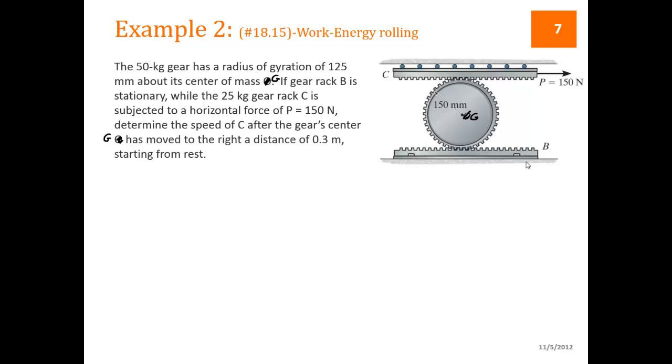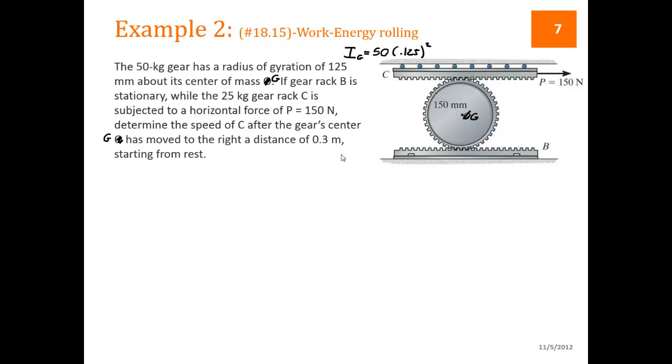So we have a 50 kilogram gear with its radius of gyration, so we can find its moment of inertia around its center of mass. That's Ig equal to mass 50 times radius of gyration squared.